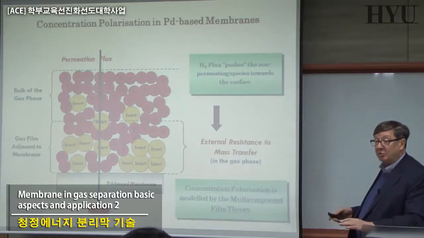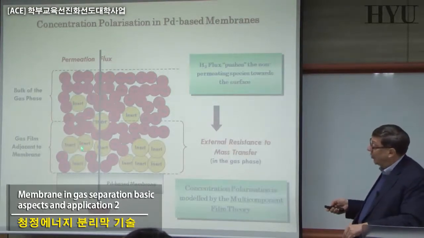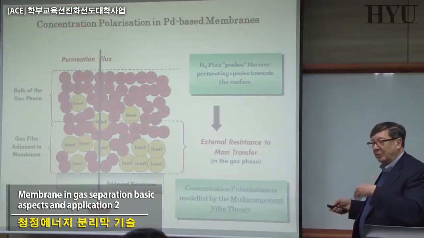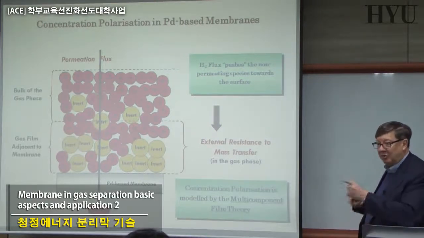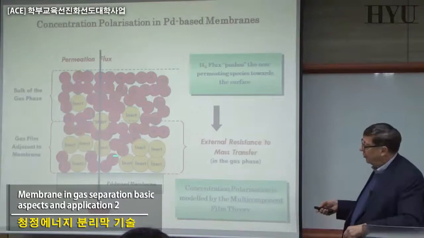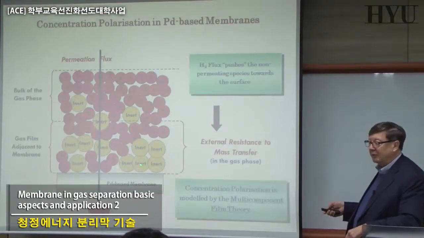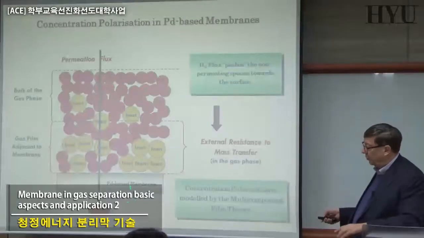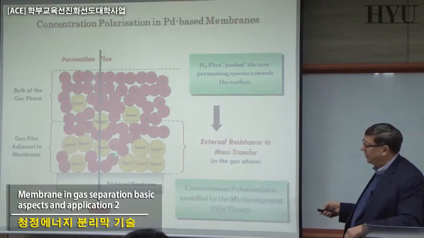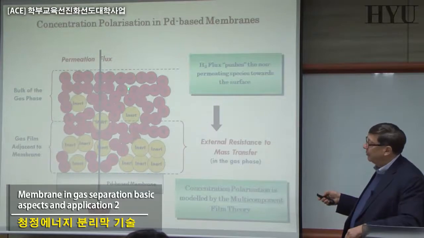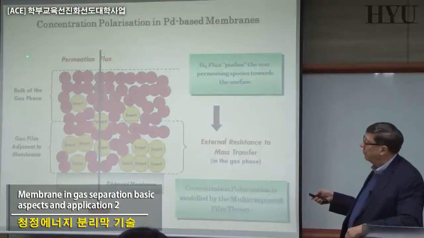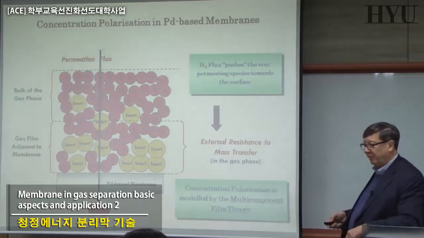No other species go through, so this inert, when it arrives at the membrane surface, does not go through, and if you don't find a way to help the back diffusion, that means to mix strongly, you can accumulate the inert at the interface, and the hydrogen is the species going through. So the ratio between inert and hydrogen at the interface is quite different compared to the ratio in the bulk of the solution, and that means you are creating a concentration profile.